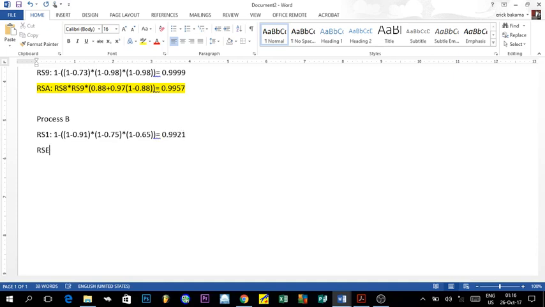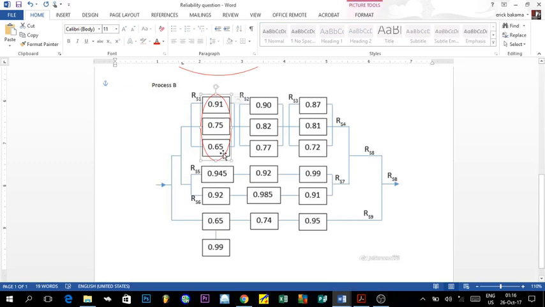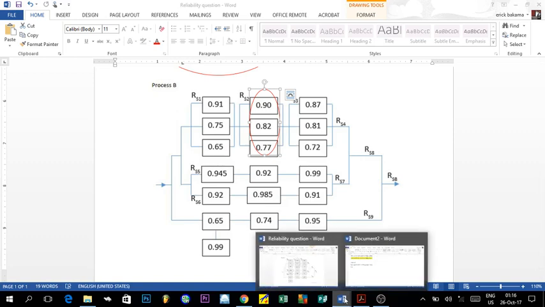Then you go to RS2. The principle is strictly the same. We have 3 components, 0.90, 0.82, 0.77, and these are also in parallel.